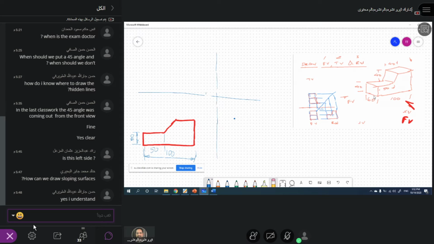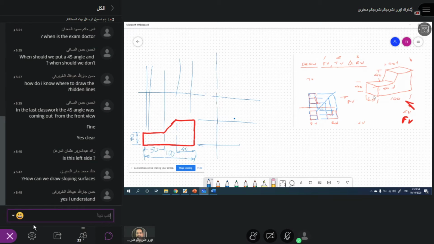So this is 50. Also, this is 40. So here 50 or 40, then you join it. The slope will automatically come. You understand? So this side is there. Then you extend this line. You extend this line also. Then you draw the top view. Is that clear? How to draw the slope?